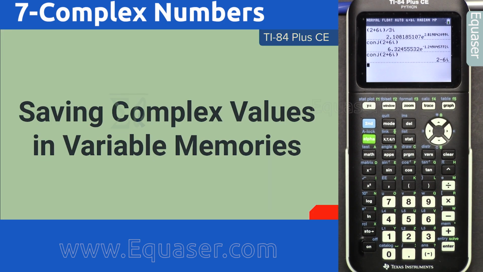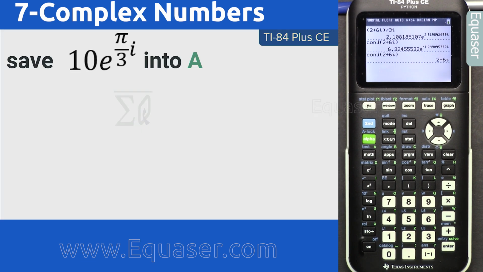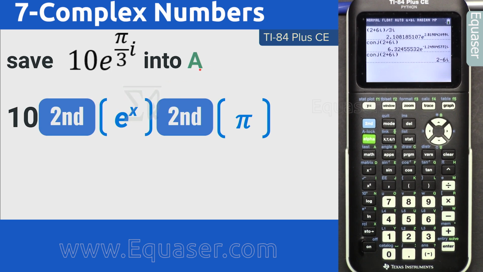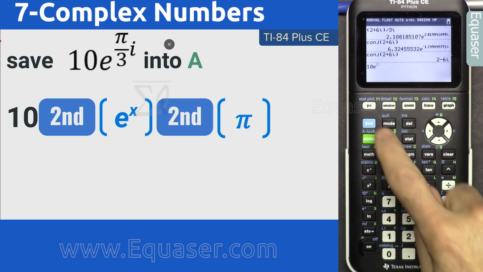Now let's have a look at saving complex values in variable memories. Let's save 10e to the power pi over 3i into memory A. Let's bring this on the screen. We can insert a 10, second function e, and then second function pi.